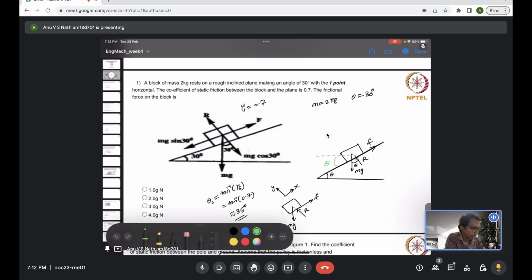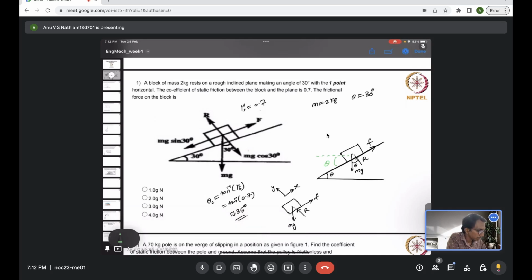Now if that angle is theta, this angle should be 90 minus theta, because mg is acting vertically downward, so theta plus this unknown angle should contribute to the 90 degree, so the unknown angle, the question mark, is actually 90 minus theta.